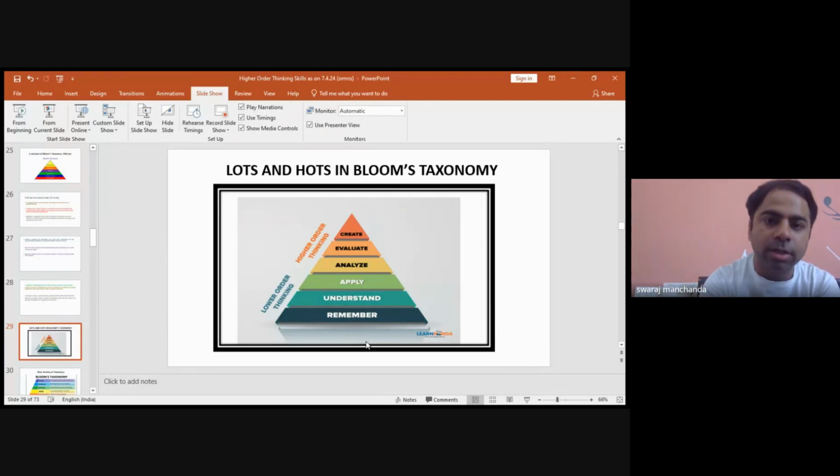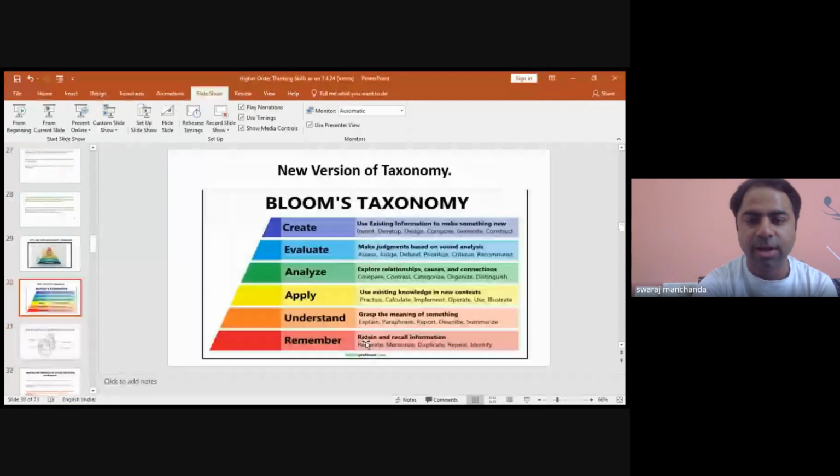But today, the taxonomy says that you have to change your pedagogy. You have to act. You have to be the verb in order to bring it into action and in order to make the students learn those things very easily. You will have to bring those techniques.